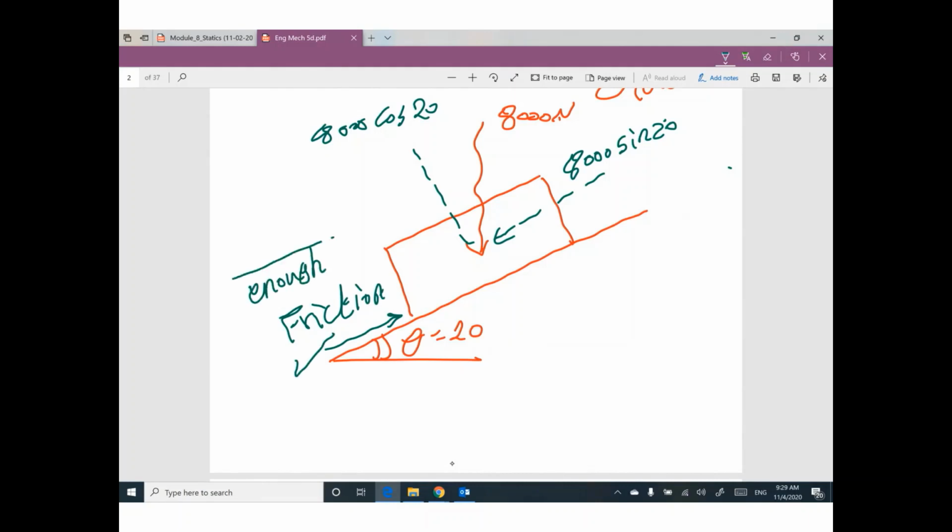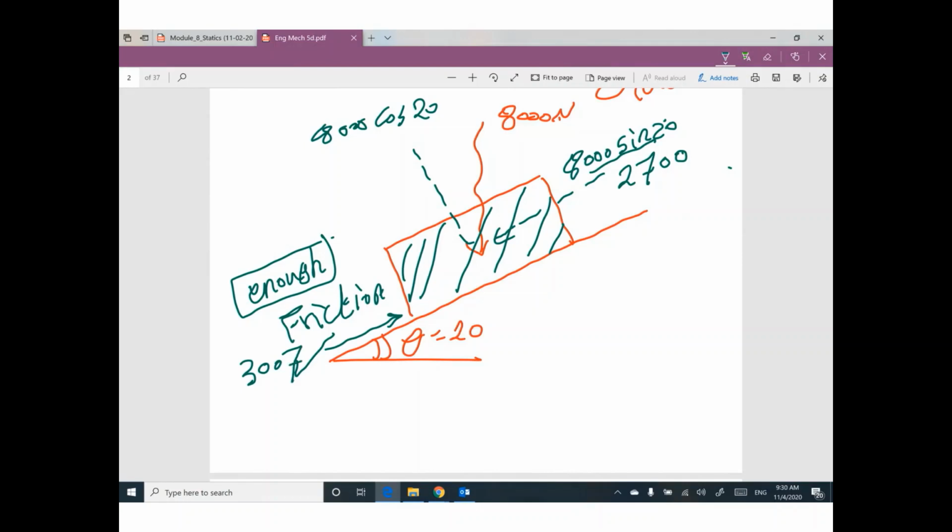This friction alone is enough to prevent this box from sliding, because this value is 2,700 and this value is 3,007. That makes sense.